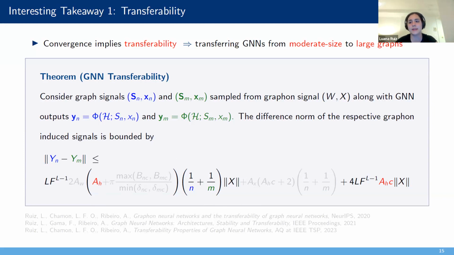So that's another interesting consequence of convergence, transferability in the sense that we can train on small graphs and transfer to large graphs.